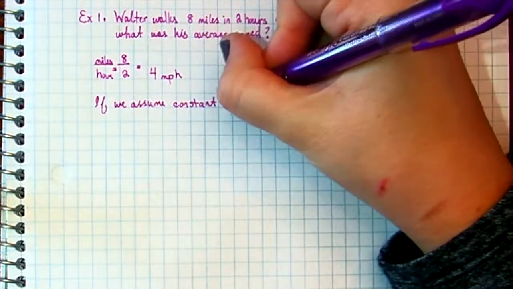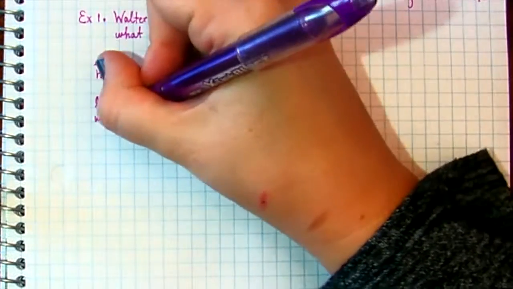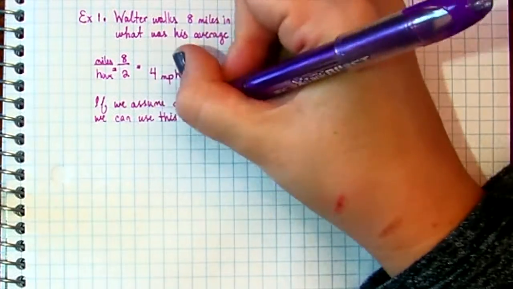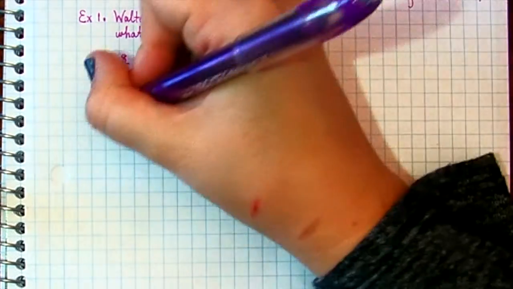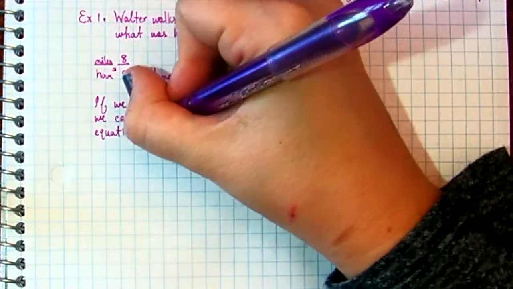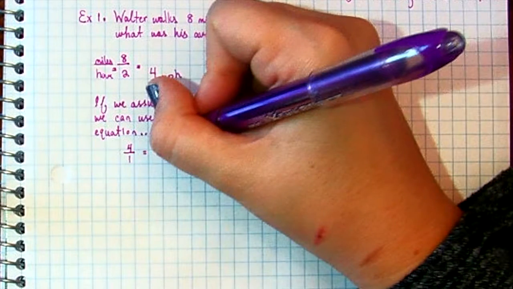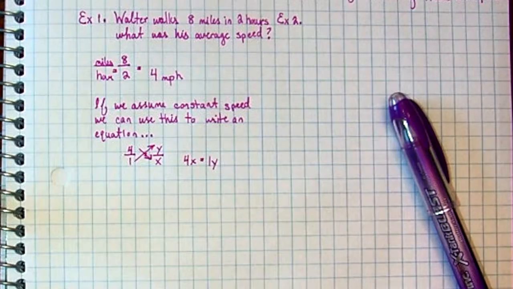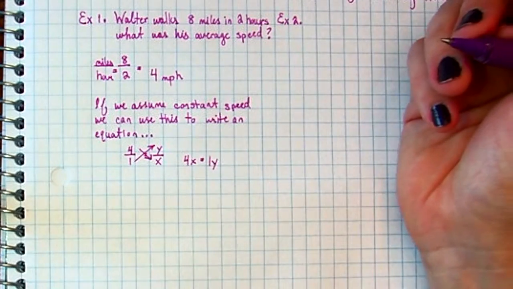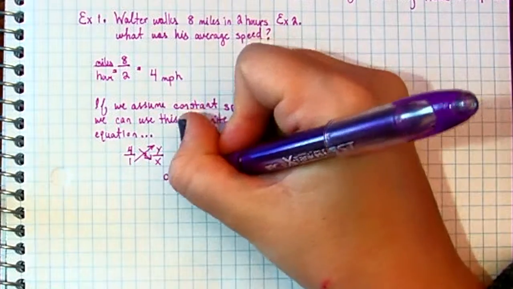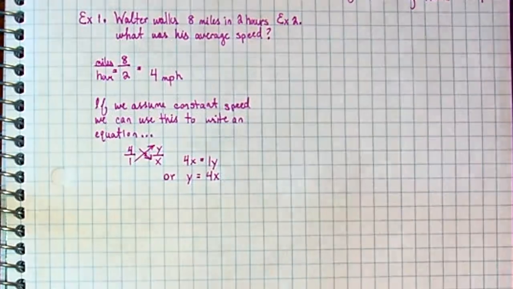If we assume constant speed, which means Walter is walking at 4 miles per hour from the time he starts to the time he finishes, we can write an equation 4 over 1 equals y over x. And then we cross multiply and we get a linear equation, y equals 4x.